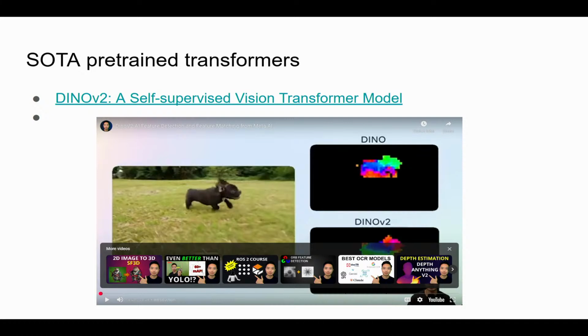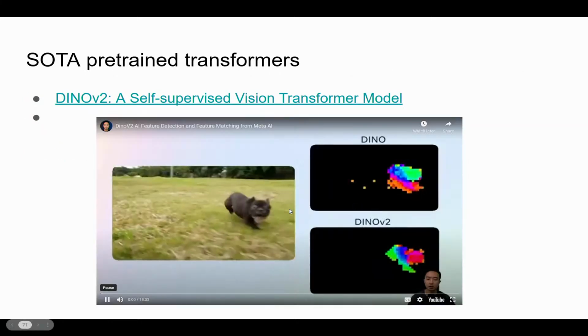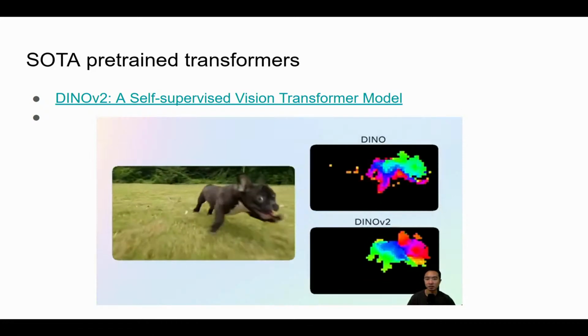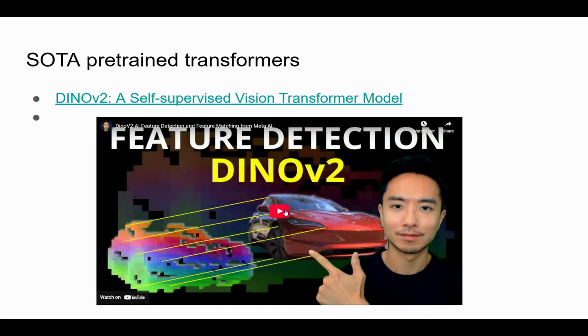Of course, what you can do is color code similar embeddings with similar colors. And what you can see here is that similar parts of the object consistently have the same representation in the feature space.